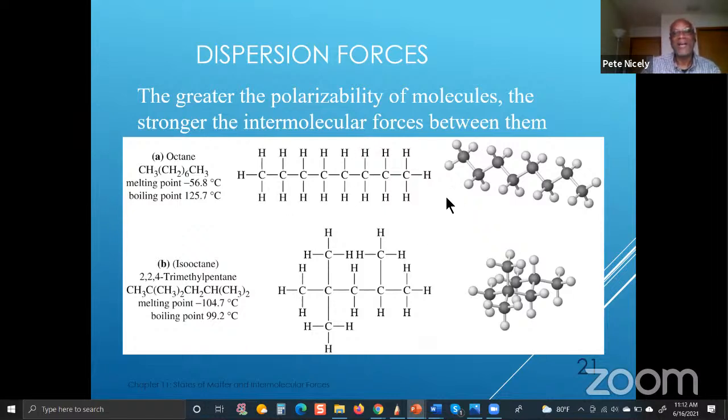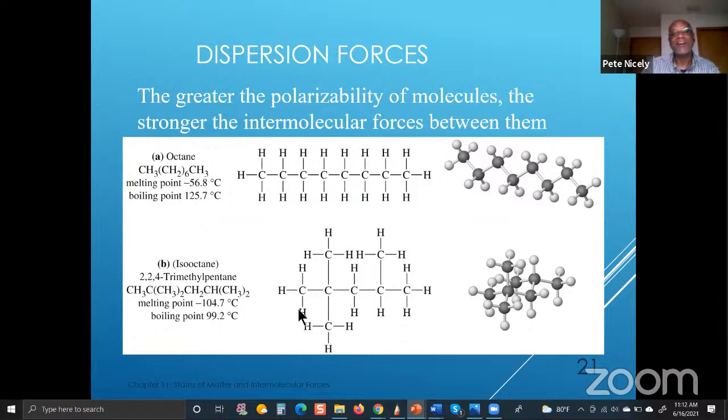Another factor in the case of alkanes that would affect dispersion forces is whether or not the carbon chain is branched or unbranched. So in this case here, we're dealing with an unbranched carbon chain, right? In this case here, we have a chain, but we have 3 branches off the longest chain, all right?